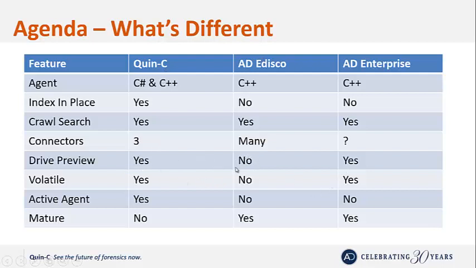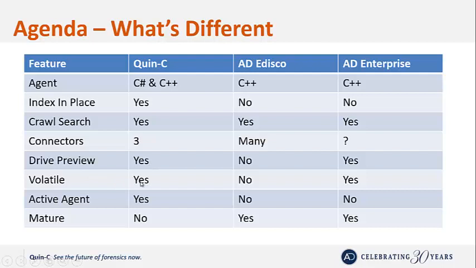These other solutions divided how they tackle investigations, eDiscovery being the audit-based investigation and Enterprise being the more focused-based investigation, though we have done a lot to step up its audit capabilities in recent releases. The point, though, is Quincy is not making that same divide. Quincy is going to enable investigations of all type, whether you want to go really deep on a single drive or broad across a large number of drives.